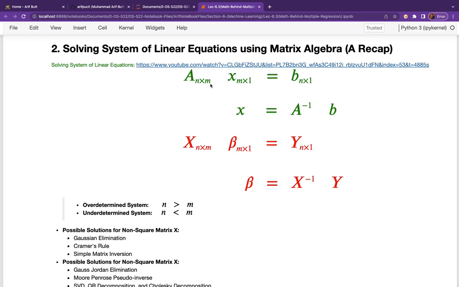My dear friends, if n equals m, then A will be a square matrix.